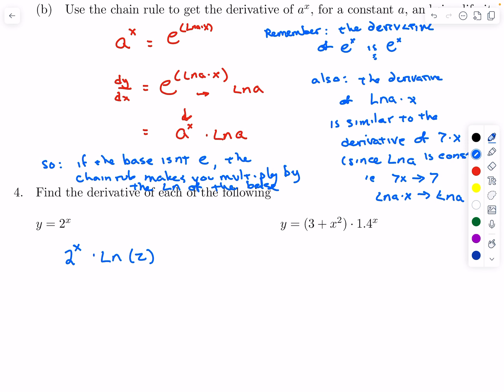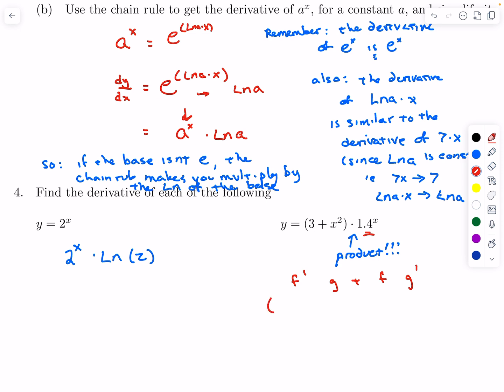Look at this. This is a product. So the product rule is in charge. Let's put this back in red. And we won't be doing the new rule until we get to g prime.